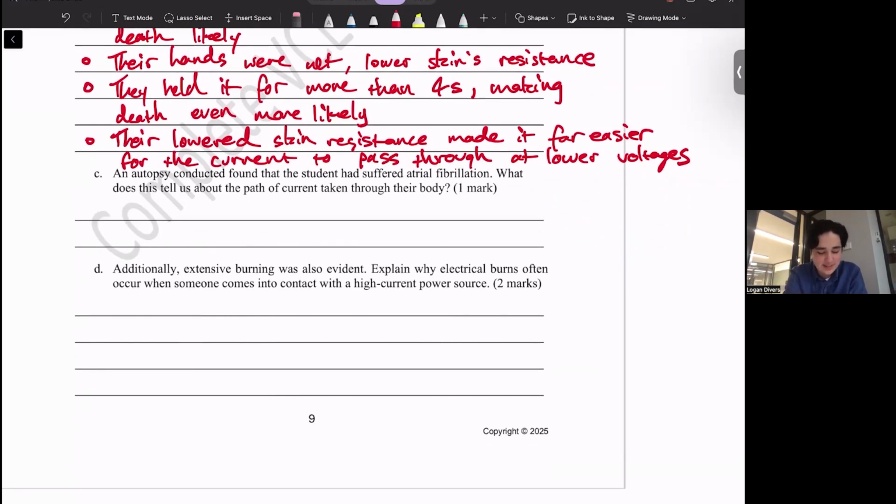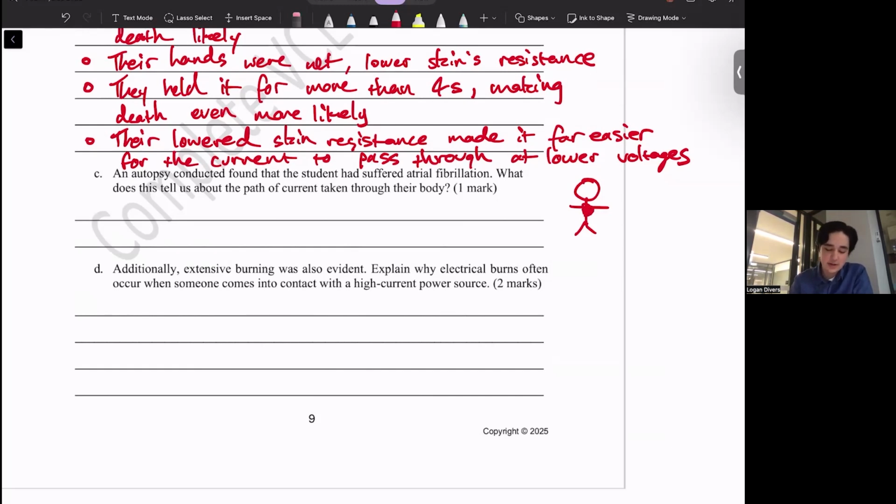So an autopsy conducted found that the student had suffered atrial fibrillation. Yikes. What does this tell us about the path of the current taken through the body? So what is atrial fibrillation? Atrial fibrillation is essentially, here's some guy here, he's got a giant heart, he's got a blob in the middle.